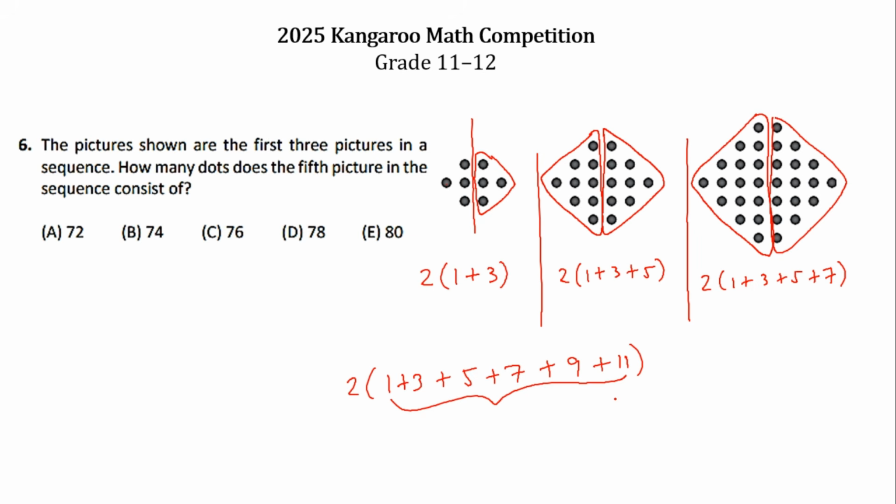Okay, so if we add all of these numbers inside the parentheses, you must have 2 times, using the formula for arithmetic series, 6 over 2 times 1 plus 11. That's equal to 6 times 12, which is equal to 72. Okay, so the answer is option A.